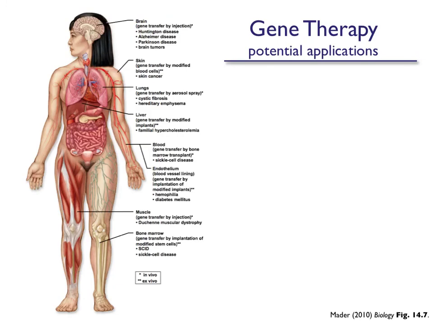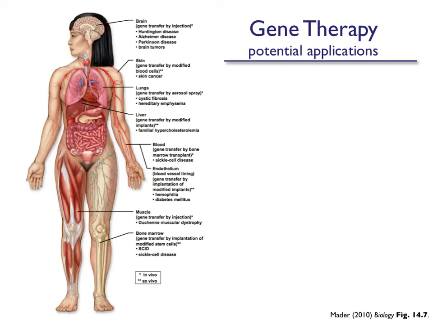So we've seen examples of genetically modified bacteria, plants, and animals. And we should also extend the animal examples to humans. And so in humans, we would call this gene therapy. The idea is not to create transgenic humans or genetically modified humans per se, but to use it for gene therapy.